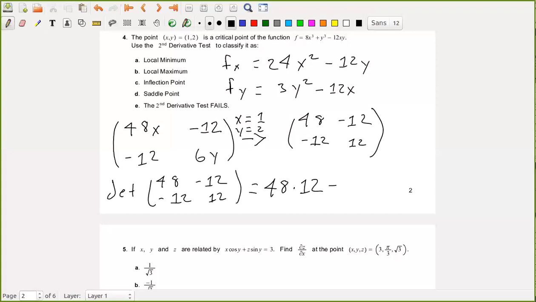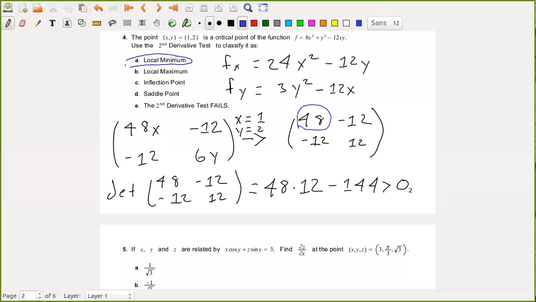So this is 48 times 12 minus 144. 48 times 12 is bigger than 400, so this is greater than 0. So the determinant of the Hessian is greater than 0. That means we have a local min or a local max. Now we need to look at the second derivative. The second x derivative is greater than 0. So that means we have a local minimum.